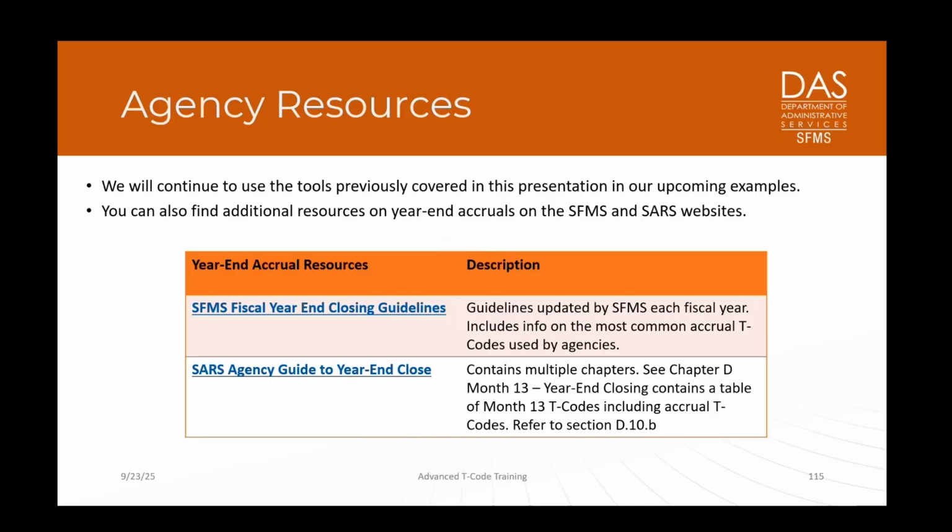Both of those are really great resources if you're involved in any fiscal year end processing for your agency and you're not familiar with these. Definitely take some time to go out there and get familiar with them. There's a lot of information in both of these resources that you really can't find anywhere else. They're very good resources, with information on specific accrual T codes and scenarios to help you pinpoint which T codes to use for your accruals.